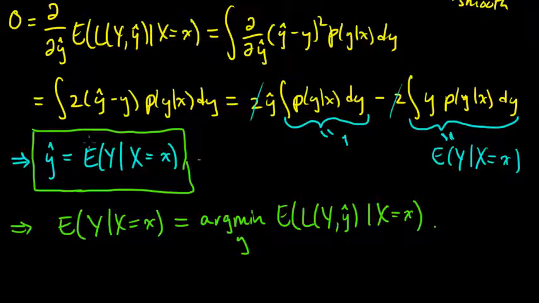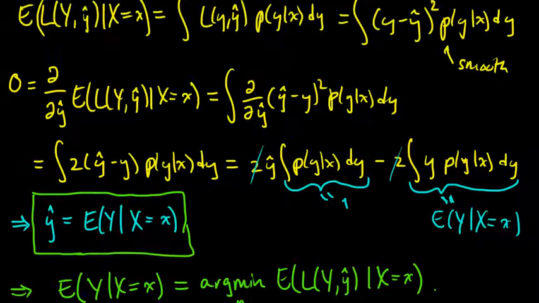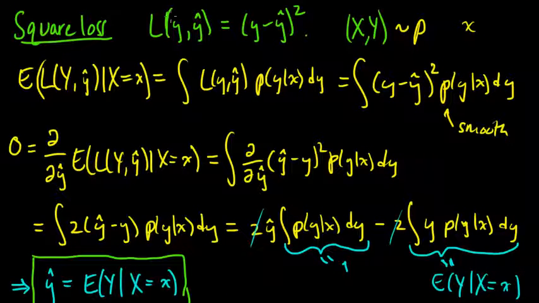So that's a beautiful little result. In the case of square loss, minimizing this conditional expected loss turns into just solving for this conditional expectation. So that's a beautiful result.